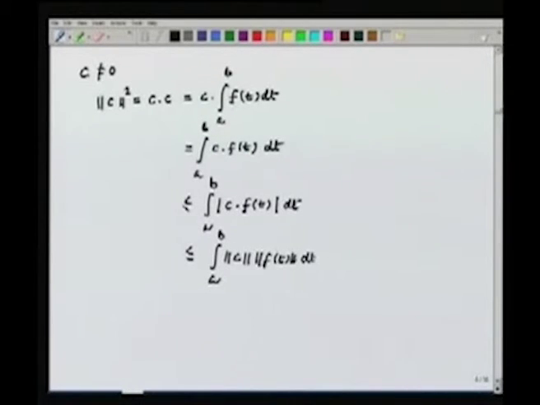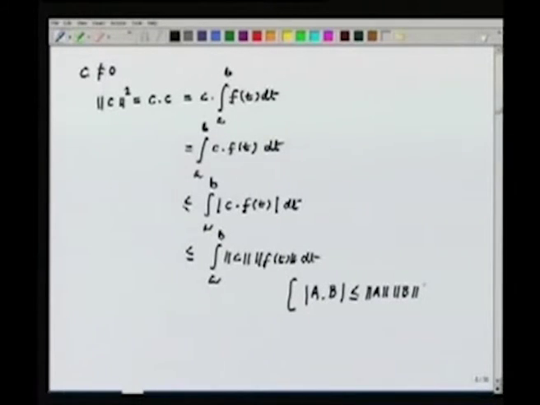I will write it separately. What do I mean by this? I mean, if you have two vectors a and b, you look at their dot product, then this is a number, and the modulus of this dot product is less or equal to norm of a times norm of b.